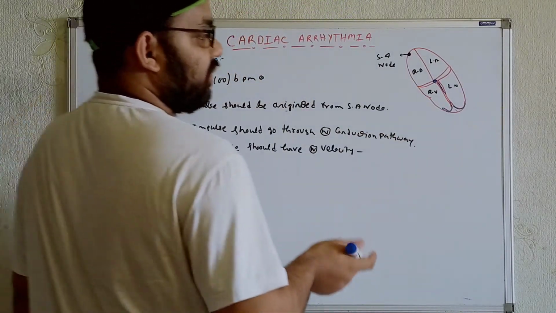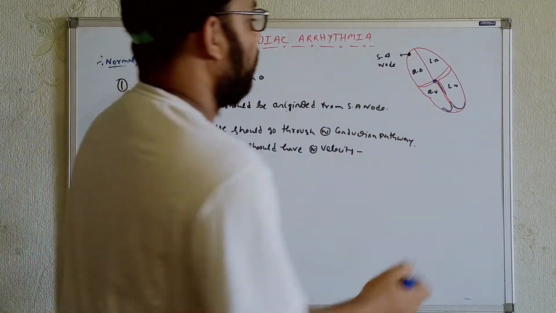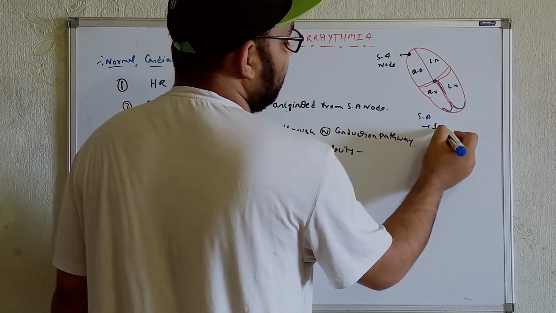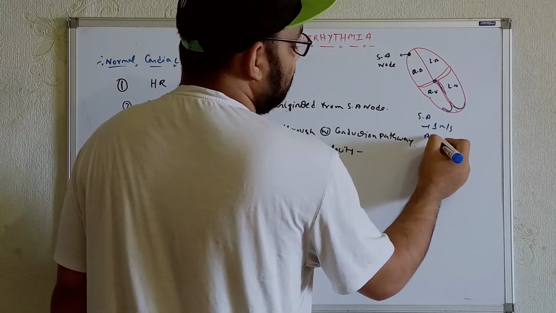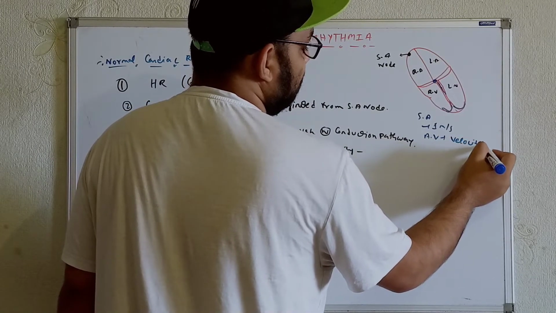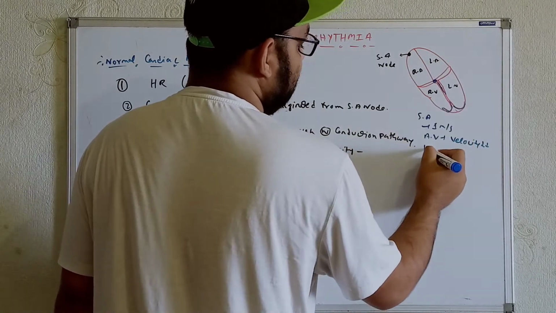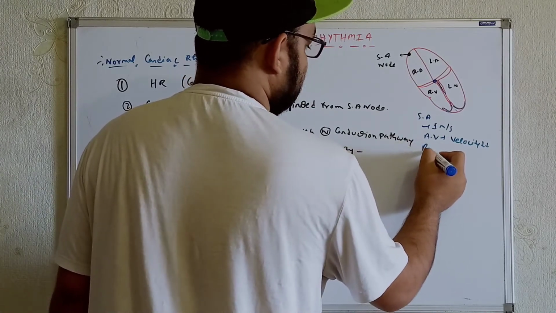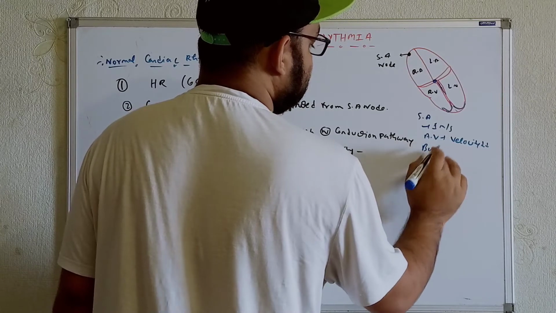And what about the velocity? Whenever we are seeing in terms of the SA node, the velocity is around 1 meter per second. Within the AV node, the velocity should be less. And in the Purkinje fibers, the velocity will be maximum.